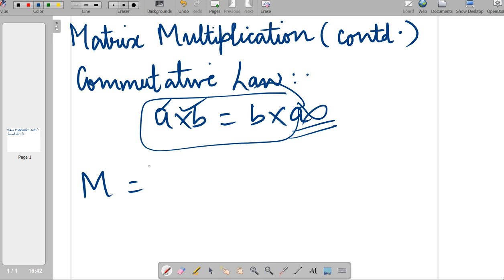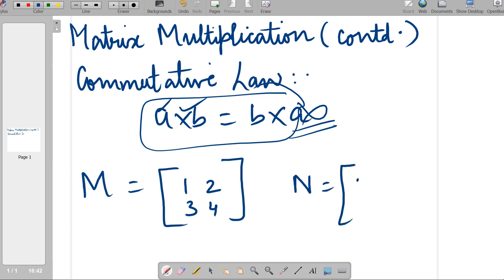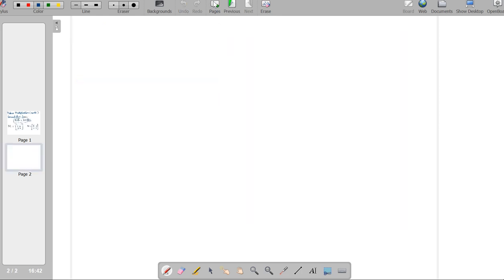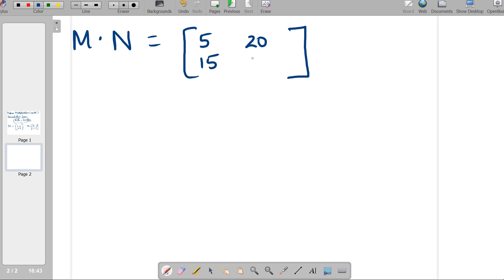I have taken two matrices M and N. M had components 1, 2, 3 and 4, and the second matrix N had elements 5, 6, 0 and 7. We multiplied M and N and got the product as 5, 20, 15 and 46.